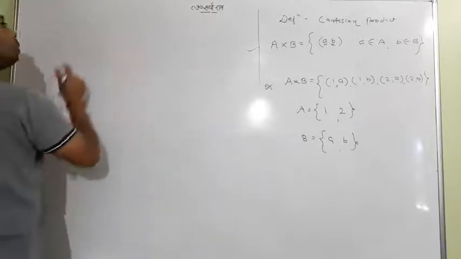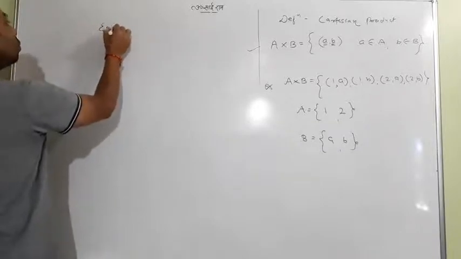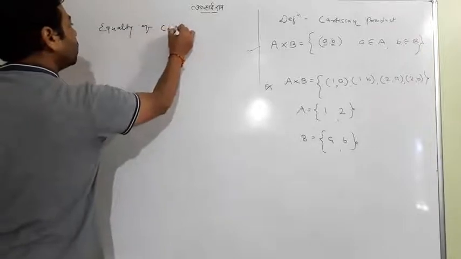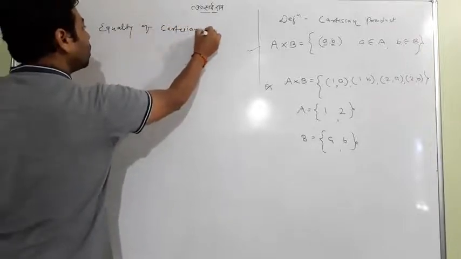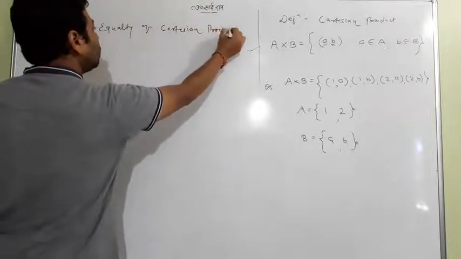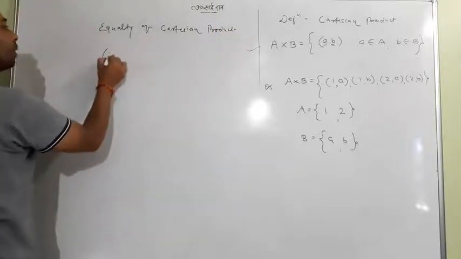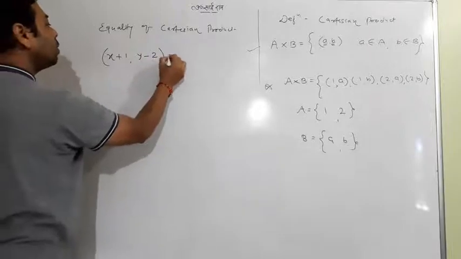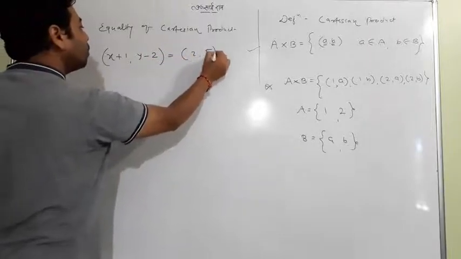Equality of Cartesian product is also one of the little topics. Suppose you are given (x plus 1, y minus 2) is equal to (2, 5).